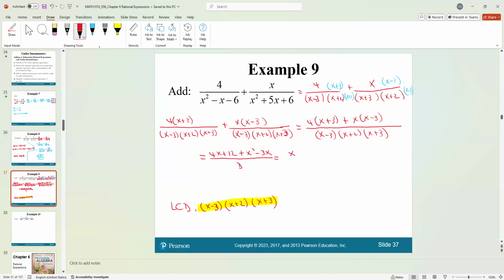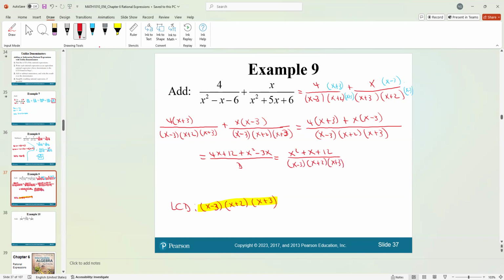We have x squared plus x plus 12. If we don't make any mistakes, that's what we're going to have over x minus 3 times x plus 2 times x plus 3.